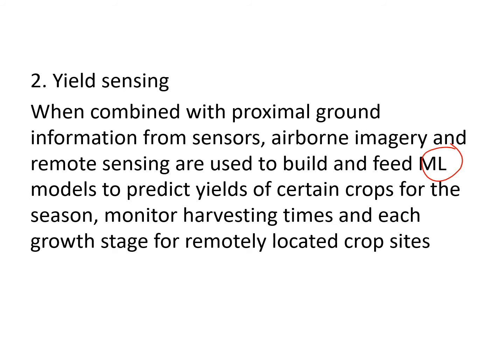So if you want these proximal sensors to work for yield sensing, they need to be combined with other equipment and technology so that they can be used to predict yield in the field.